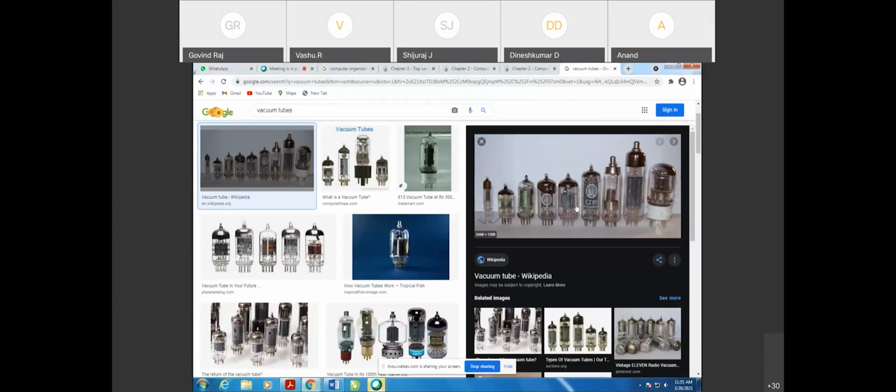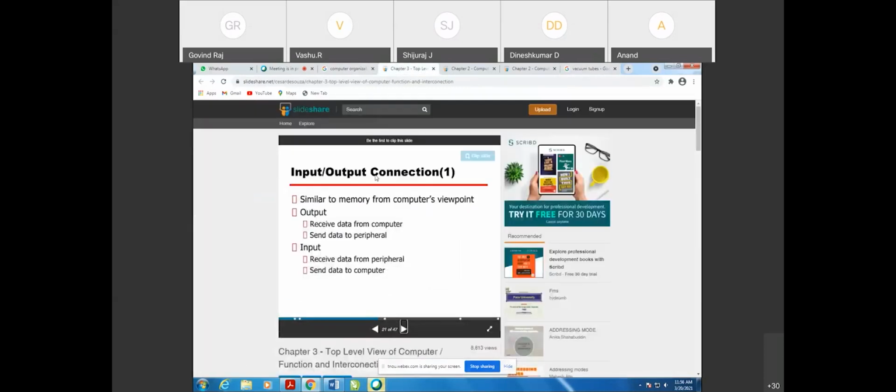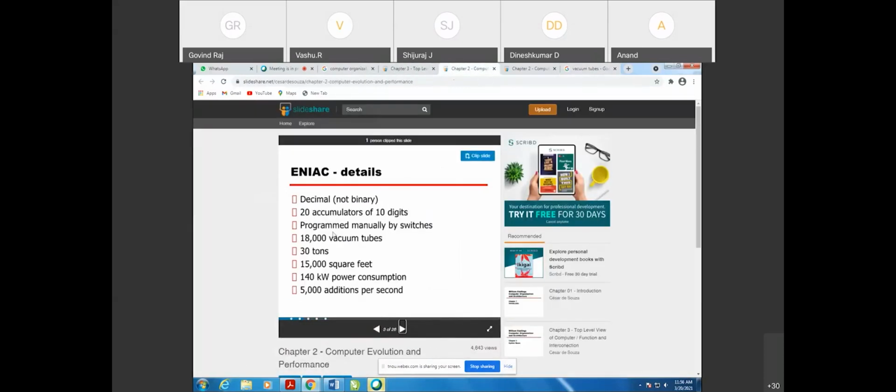Why it is called vacuum? The entire glass jar, the entire thing is vacuum, and there they use some component for data storage and execution. Around 18,000 vacuum tubes were used in the first generation computer.